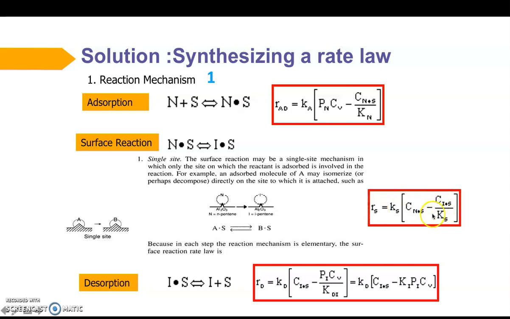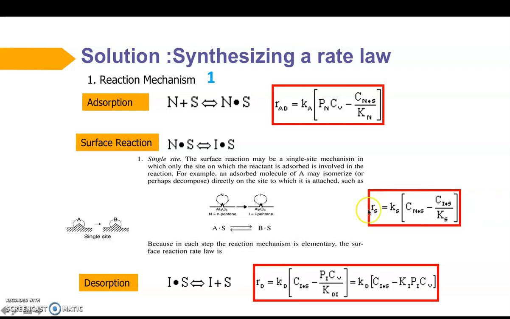Cn dot S is the concentration of N-pentene adsorbed on the catalyst surface. We would not know this value. We only know the concentration of N, not the concentration of N at the catalyst site.